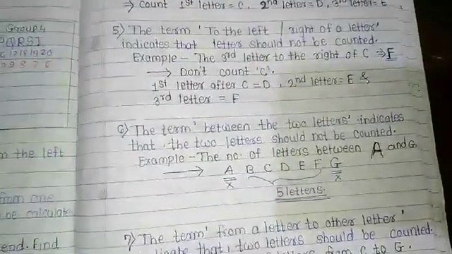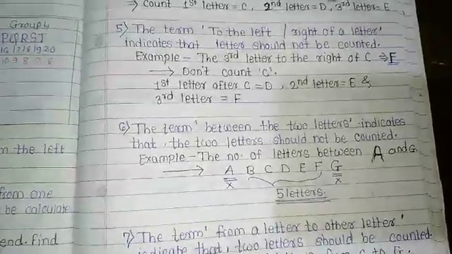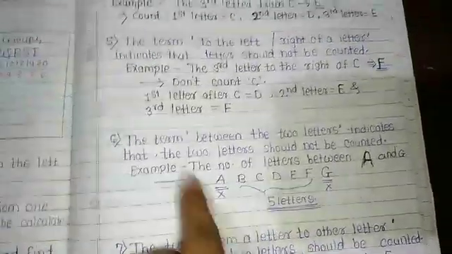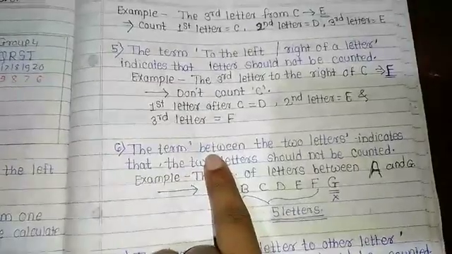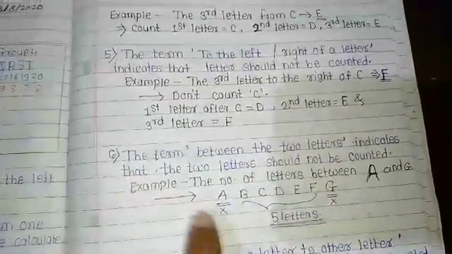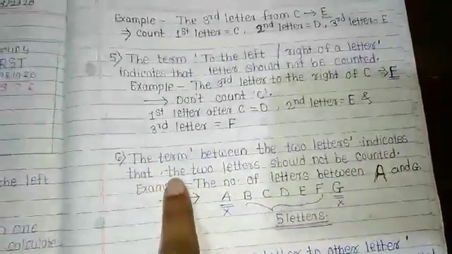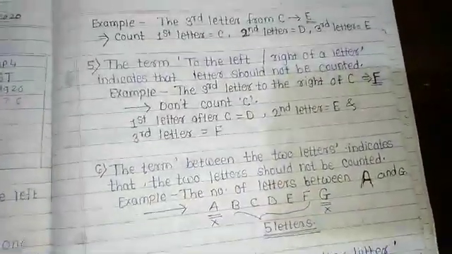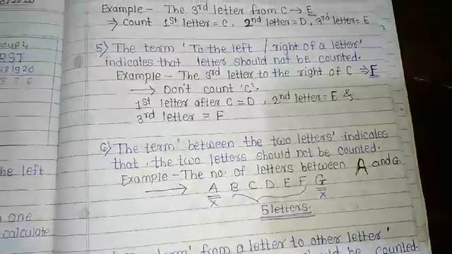Look at the sixth rule. What is the next term they have given you? The term "between the two letters." If in the question you find the term between two letters, it indicates that the two letters should not be counted.